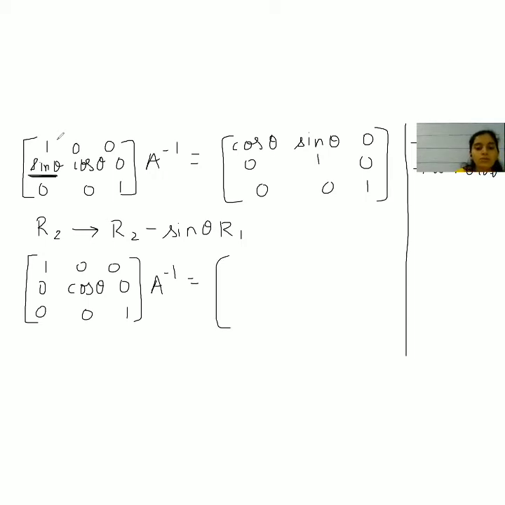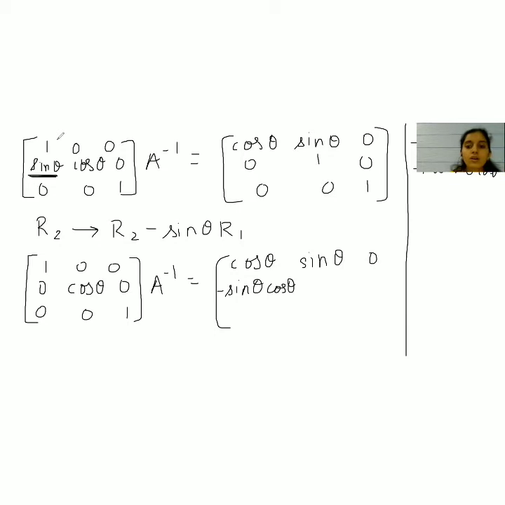Now, first row as it is because first row is not changing. It's the second row that is changing. So second row is R2 minus sin theta R1: 0 minus sin theta cos theta, so I'll write this as minus sin theta cos theta.